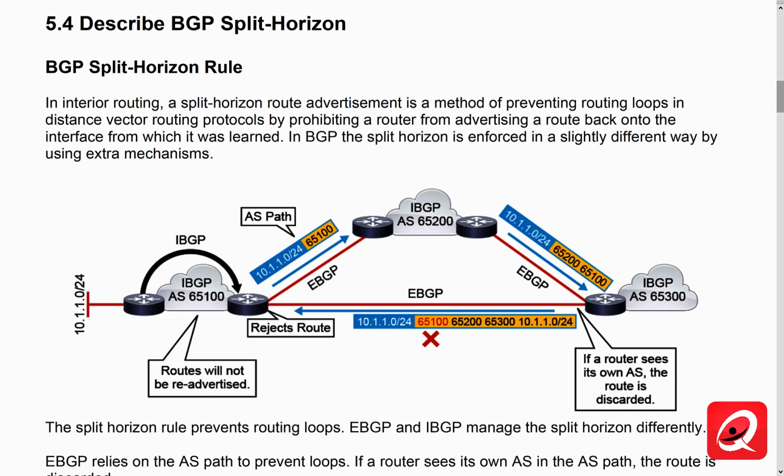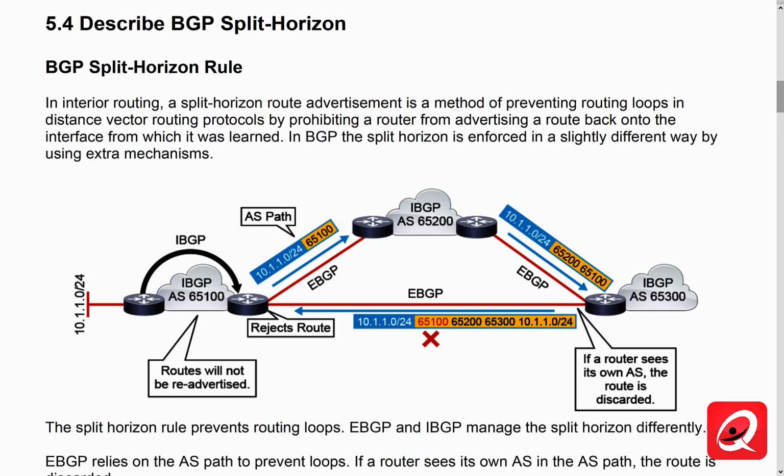But again, that's not specifically what we are talking about in this particular case, because we're talking about going from one iBGP speaker to another iBGP speaker. We already know that this split horizon rule prevents routing loops in BGP, but eBGP and iBGP treat this split horizon rule differently. eBGP always relies on that AS path attribute to be able to identify a routing loop.